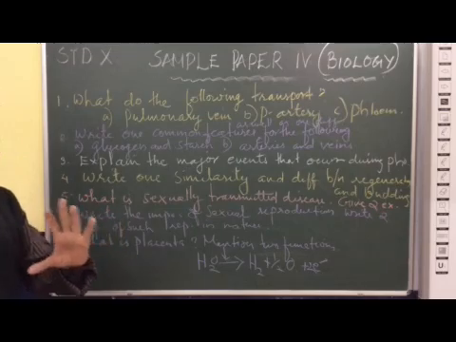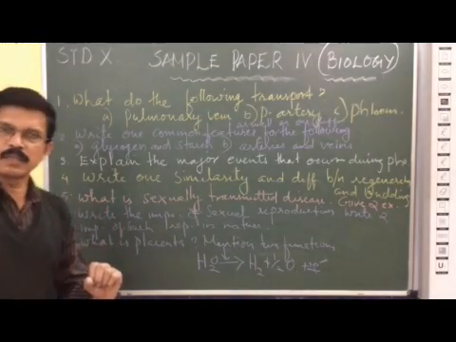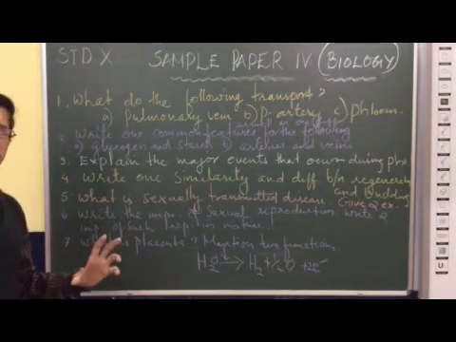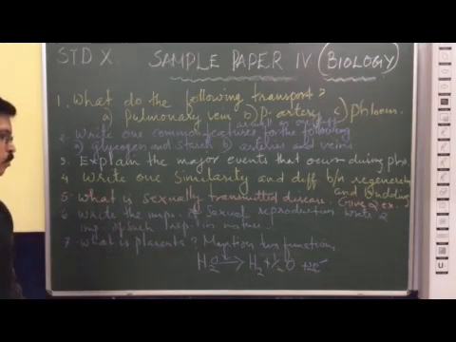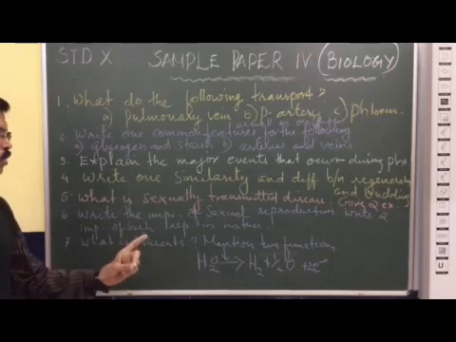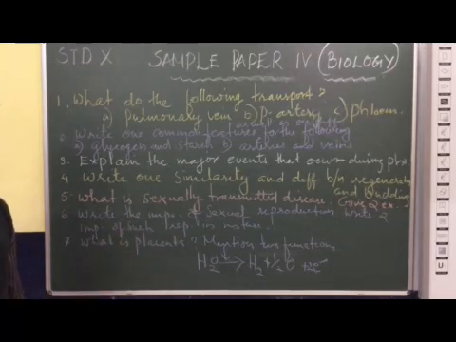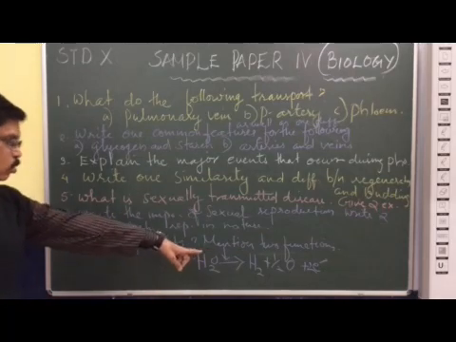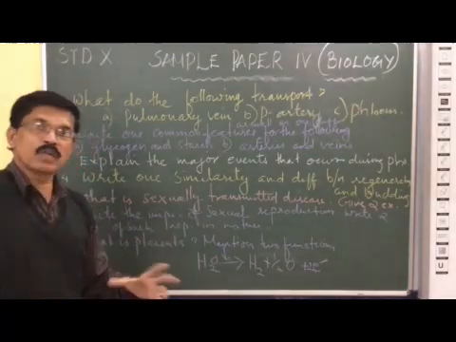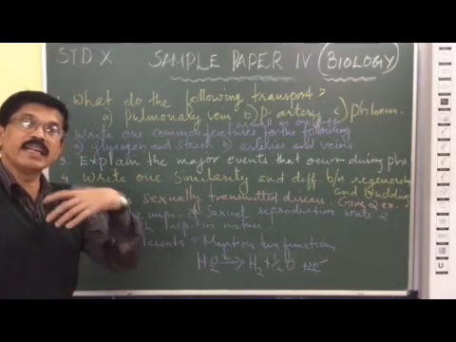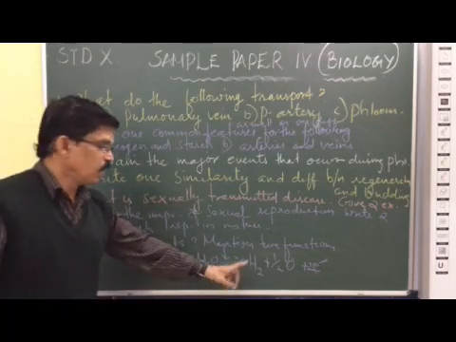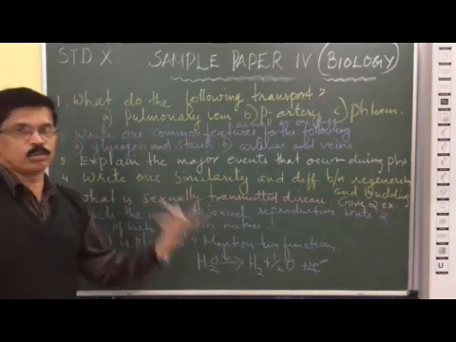The chlorophyll molecule absorbs light energy. In the second step, the light energy is used in the splitting of water into hydrogen, oxygen and electrons. The hydrogen helps in the reduction of NAD to NADH2.